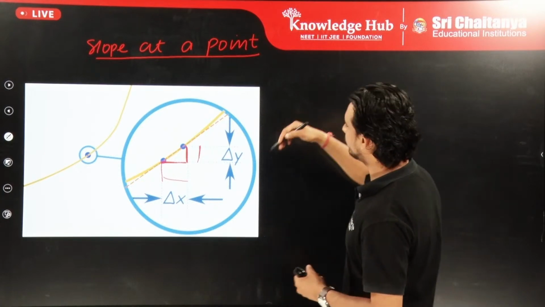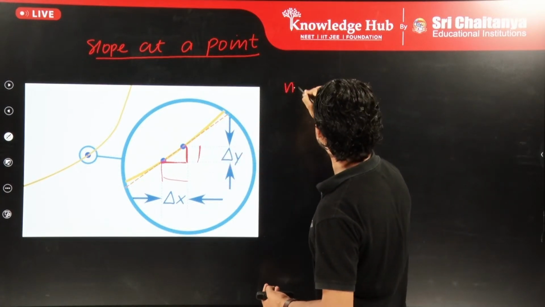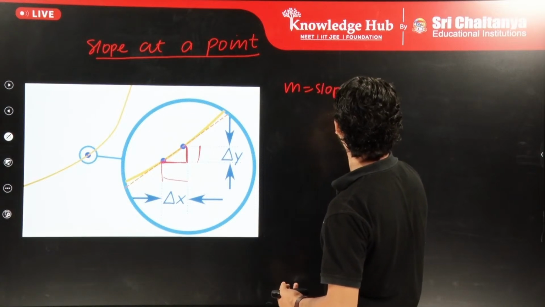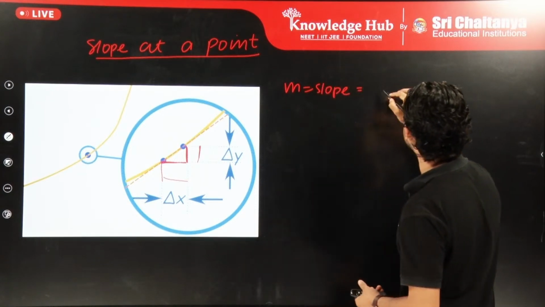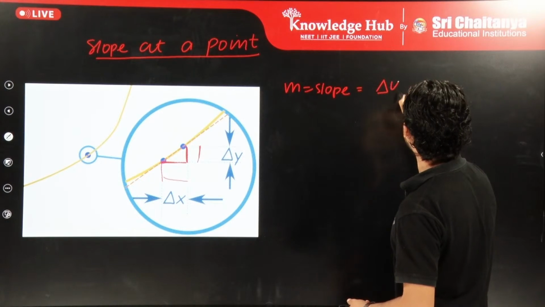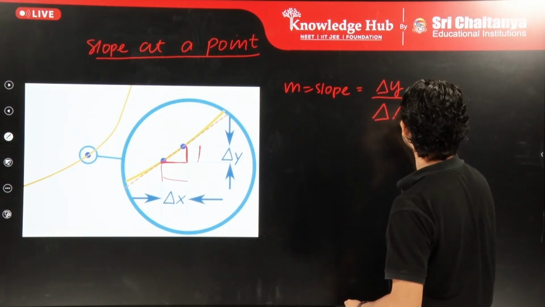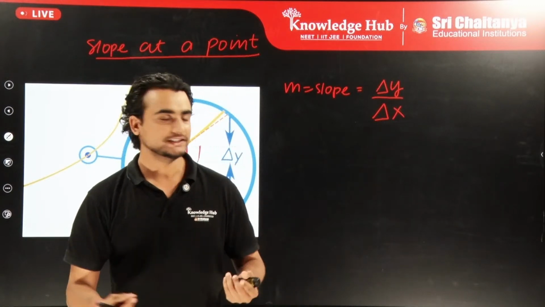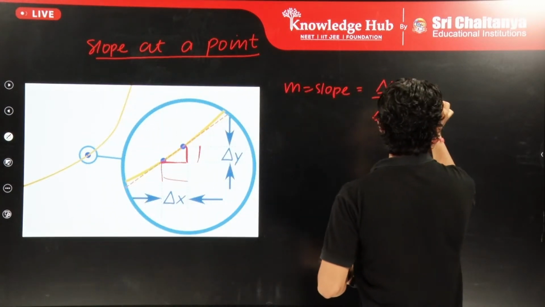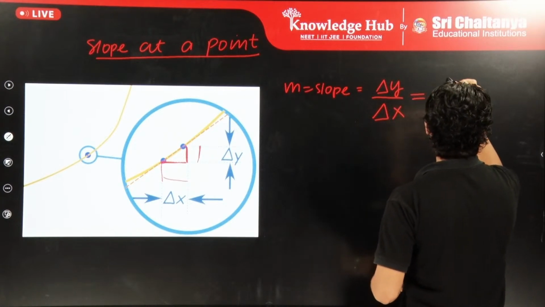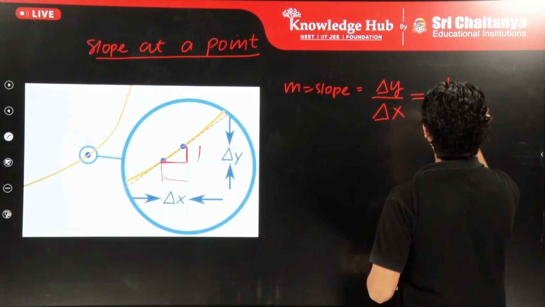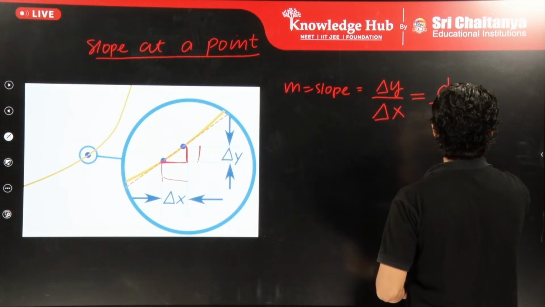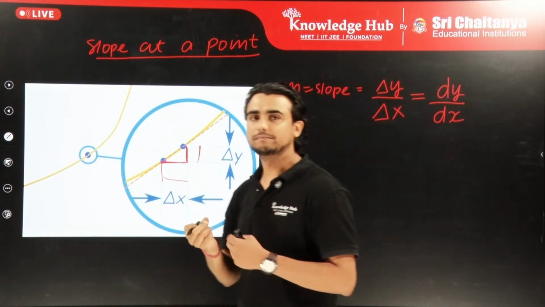Now if we try to write the slope, I will say the slope is delta y upon delta x. But for a very small change, we substitute this delta with d.